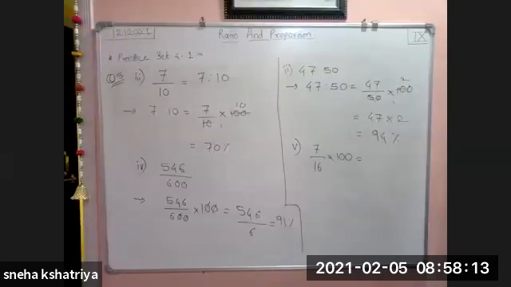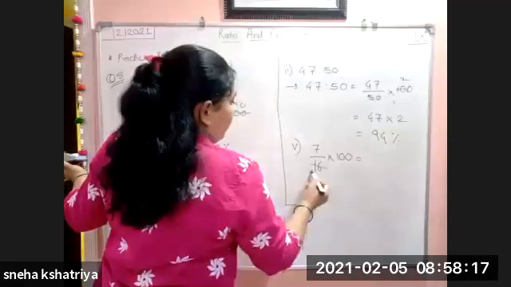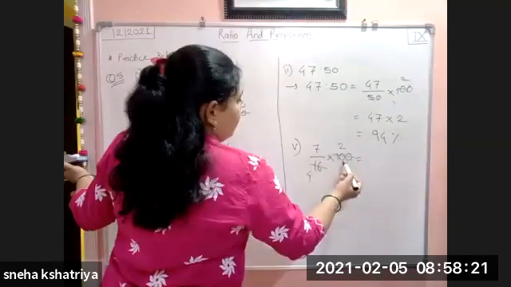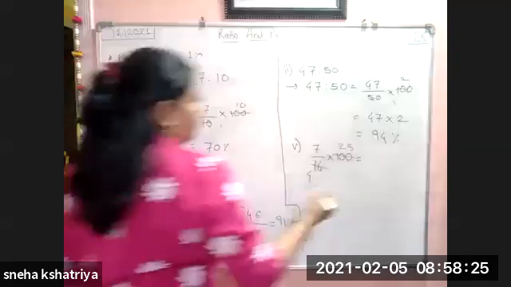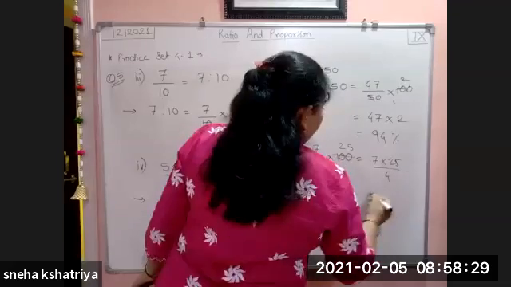So let us divide by 4. 4 fours are 16. 4 twos are 8. 4 fives are 20.